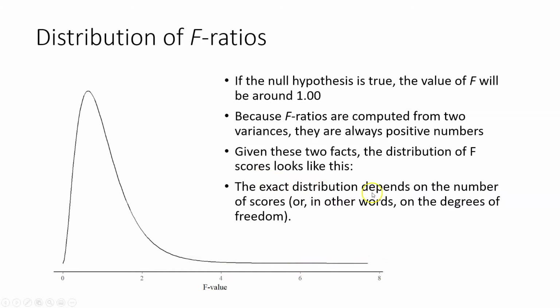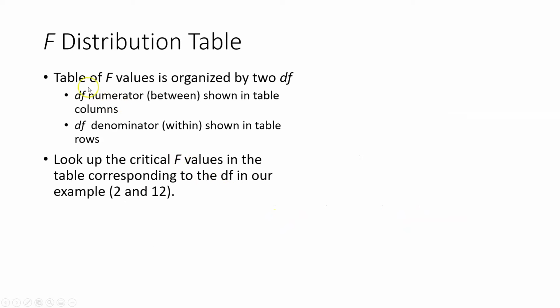The exact shape, the exact height of this peak, and the exact number of scores out here in the tail will depend on the number of scores, or in other words, the degrees of freedom. So the table of F values that you should have downloaded and perhaps even printed before you started this module is organized by 2 degrees of freedom.